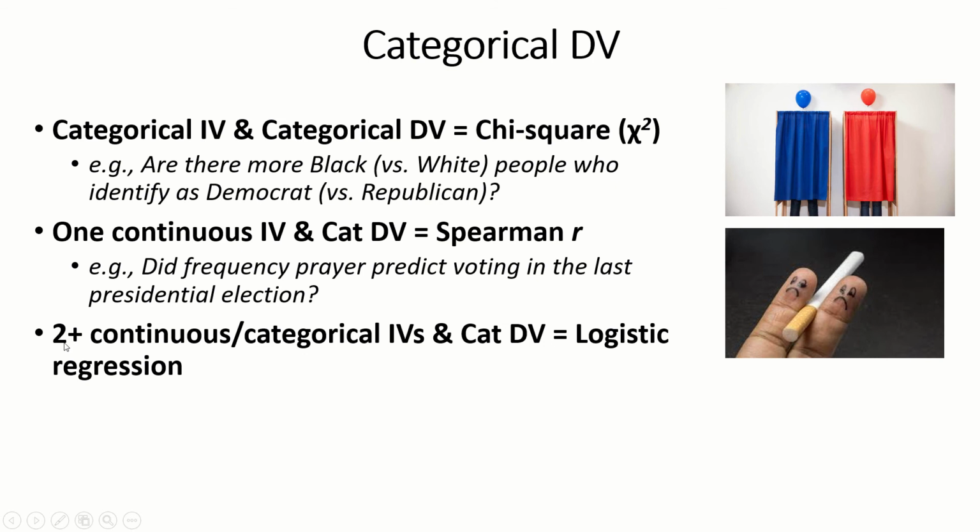And if you have two or more independent variables and one categorical dependent variable, and the independent variables here could be both continuous, they could be both categorical, could be one continuous variable and one categorical independent variable, doesn't matter. But if you have a categorical DV, then you will use logistic regression, not linear regression.